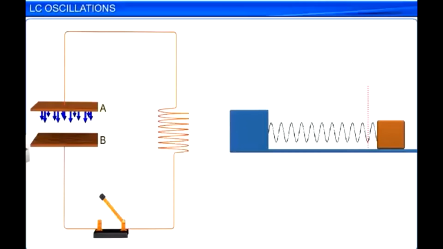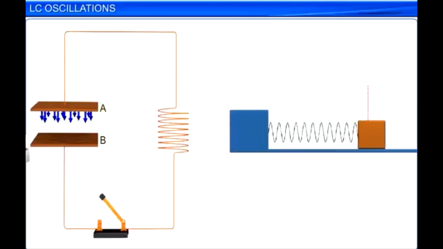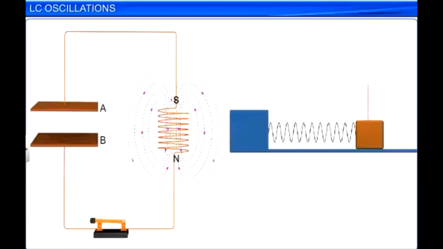In the case of a spring, when the spring is initially in an elongated position, all the energy of the system is in the form of potential energy. When the spring is released and it reaches the mean position, this potential energy is converted completely into kinetic energy. When the spring goes to the other extreme, the kinetic energy in the system is again converted back into potential energy for the spring.